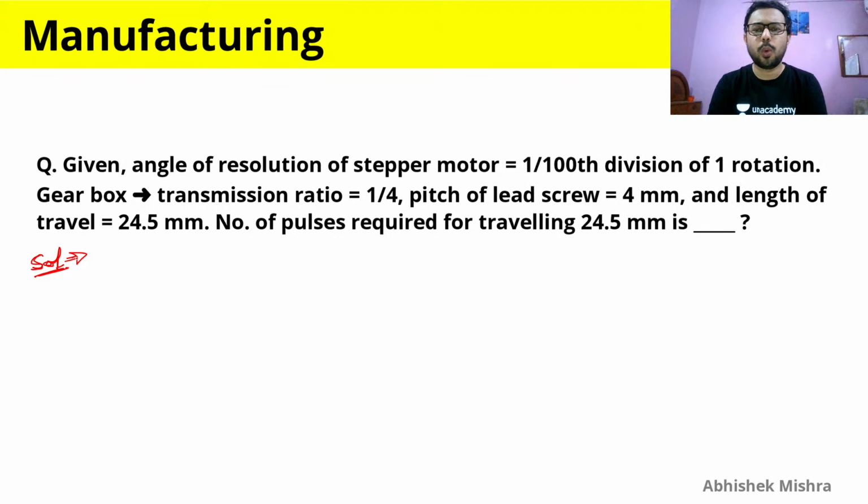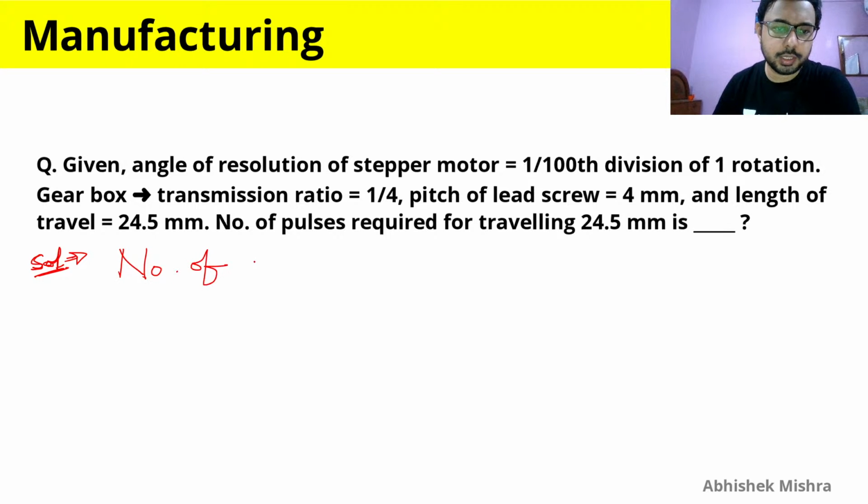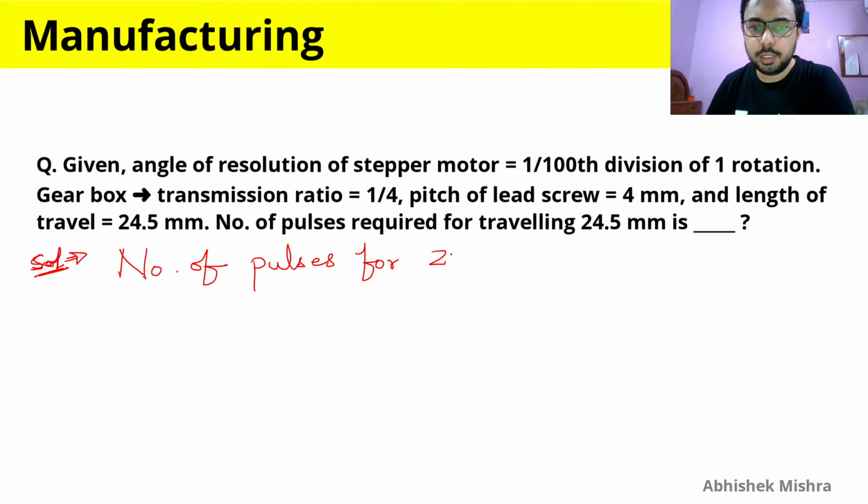We have to find the number of pulses required for traveling 24.5 mm.